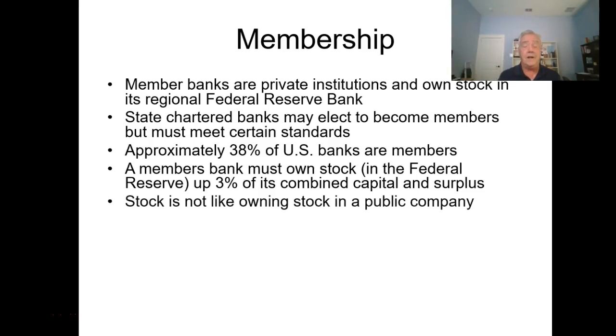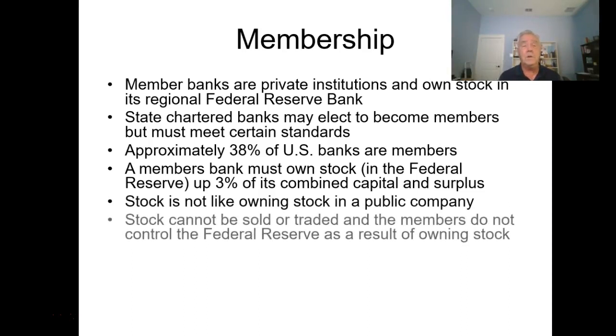So it's not like stock in a public company. It can't be sold or traded, and the members do not control the Federal Reserve as a result of owning stock. In other words, the members of the Federal Reserve, who are private banks around the country, do not have a say-so in what the Federal Reserve does. The Federal Reserve's Federal Open Market Committee makes all the decisions, and these stock owners are not part of that decision-making process.